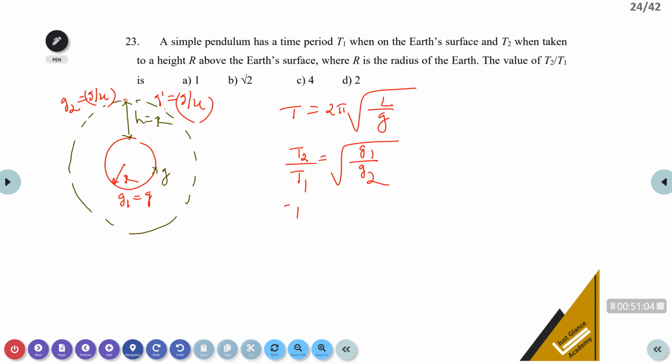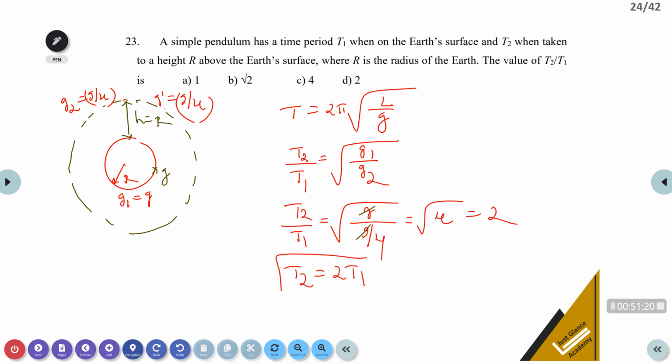Yes, write it. T2 divided by T1 equal to square root of g divided by g by 4, so this g gets cancelled. It is square root of 4 equal to 2. Therefore, T2 becomes 2 T1. That's the choice.